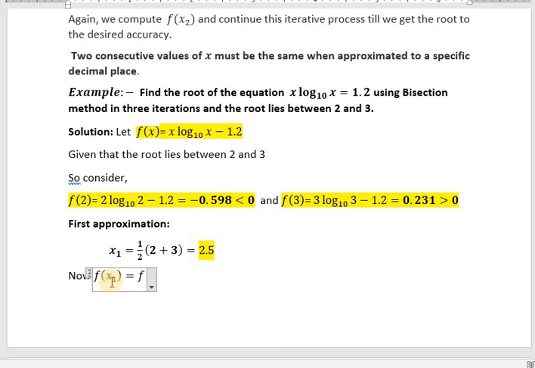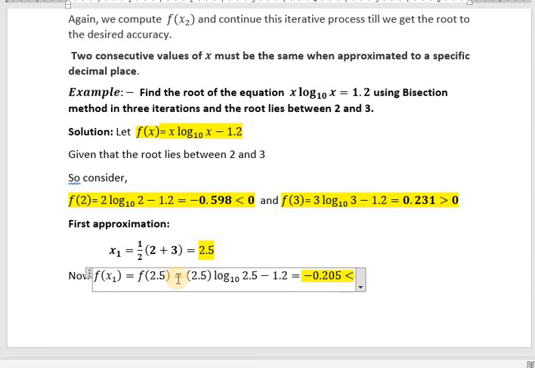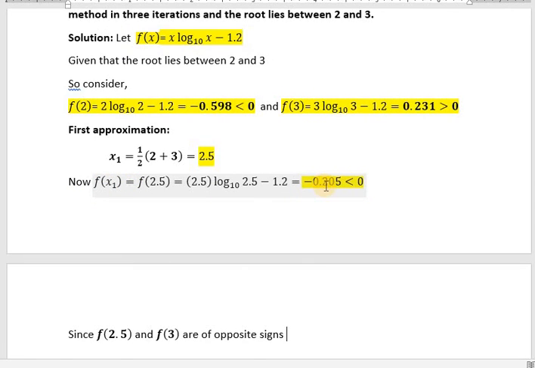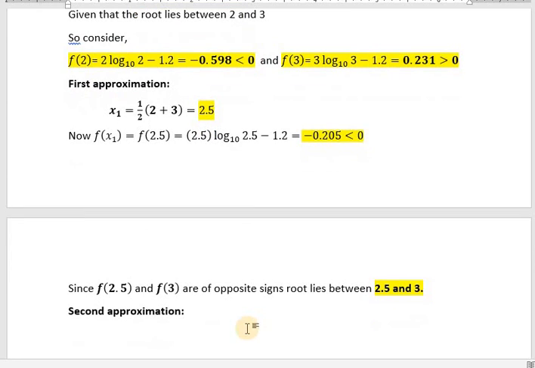Now find f(x1), that means f(2.5), which is equal to 2.5 log 2.5 minus 1.2, that is equal to minus 0.205, which is again less than 0. Now see, f(2.5) and f(3), if you observe, are of opposite signs. Therefore, the root lies between 2.5 and 3.